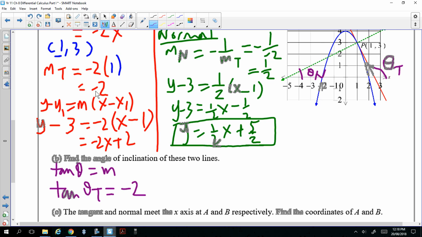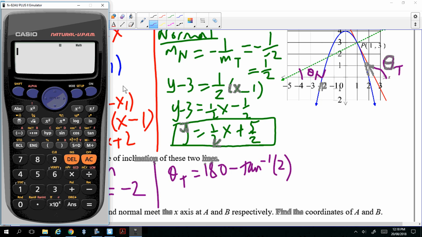Because it's obtuse, you have to do 180 minus the related angle, and then use your calculator. So 116 degrees 34 minutes.